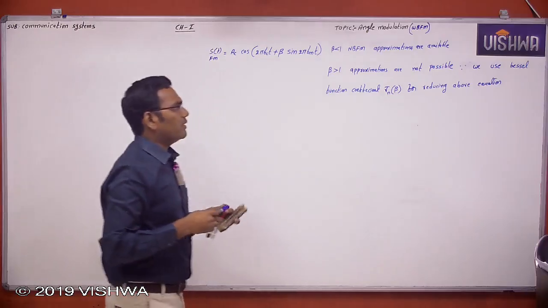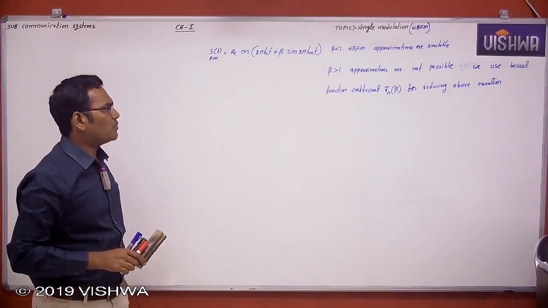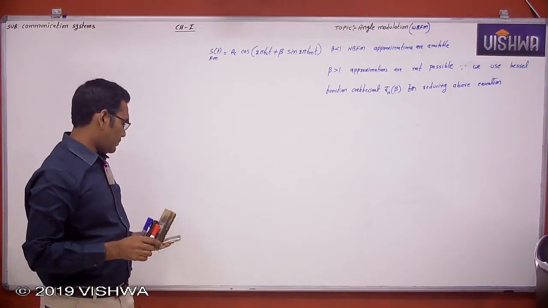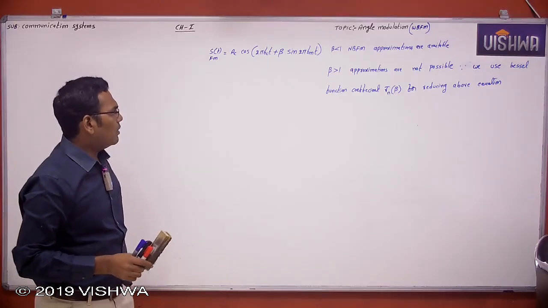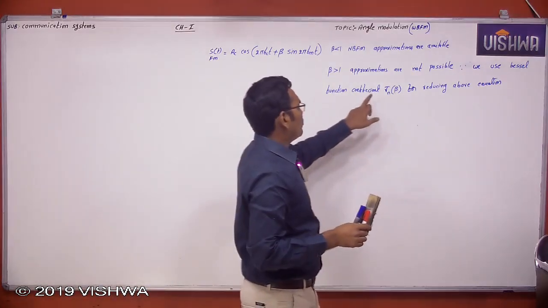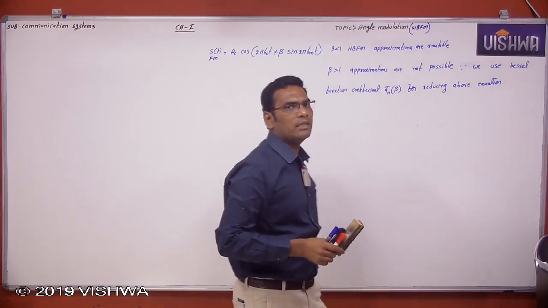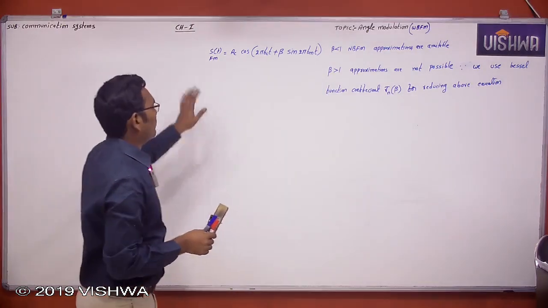Beta greater than 1, approximations are not possible. So we use the Bessel function coefficient Jn of beta for reducing this equation.